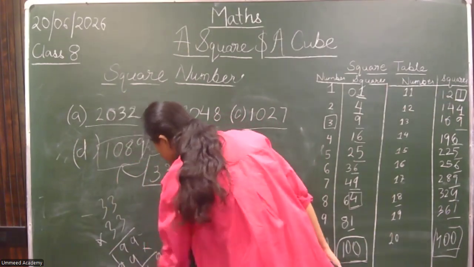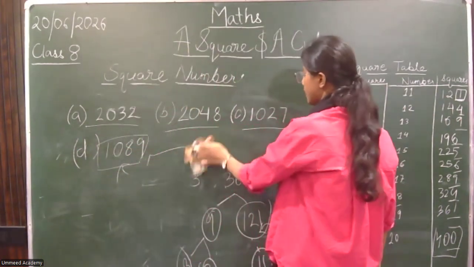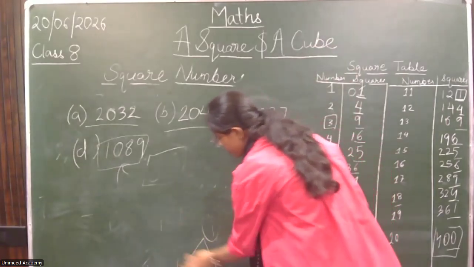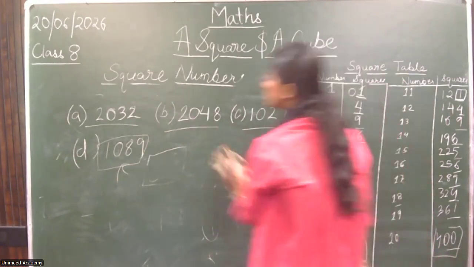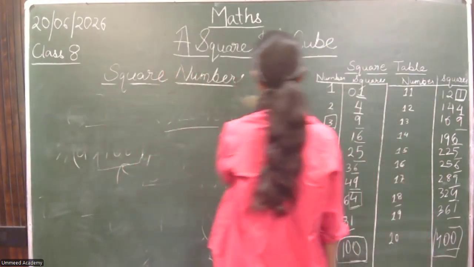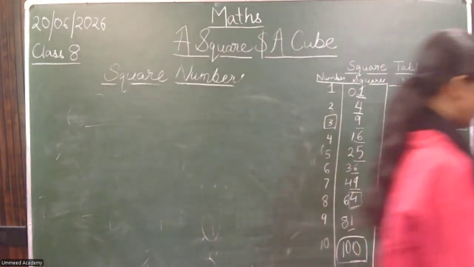Yes, we are getting 1089. It's better to always check and cross check our answers because we are humans, we tend to make mistakes. Okay? Yes, ma'am.